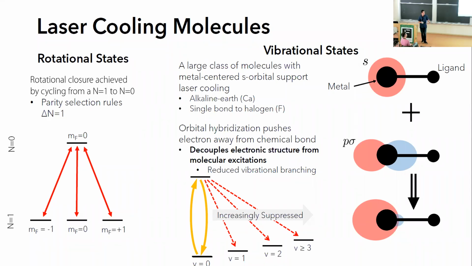Well, this means now that you've basically decoupled your electronic structure from that of the molecular excitations. So in essence, you have a molecule, but it's almost atom-like when it comes to laser cooling. And when you have this sort of structure, the vibrational branching ratios are highly suppressed. This means that with a limited number of repumping lasers, we're able to cycle many, many photons and actually achieve laser cooling on these molecules.